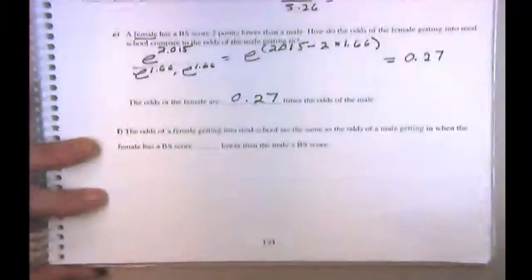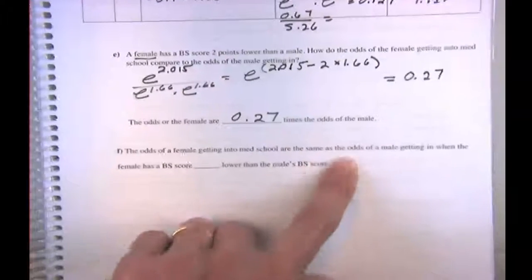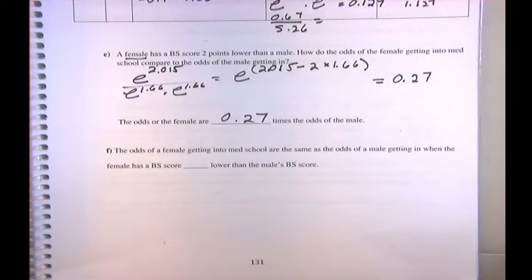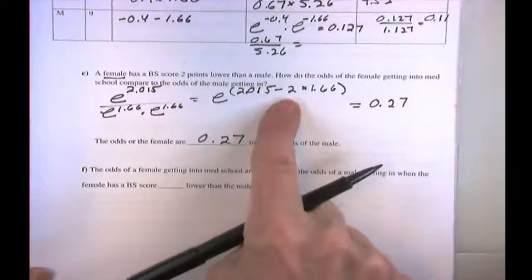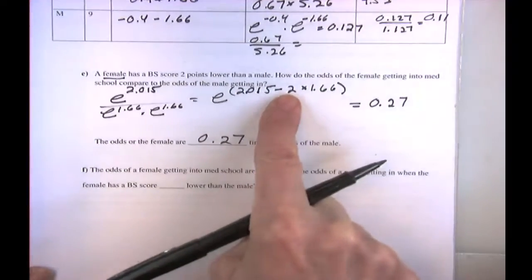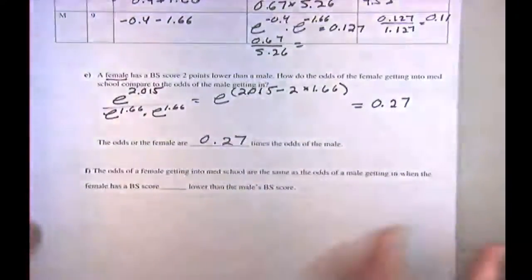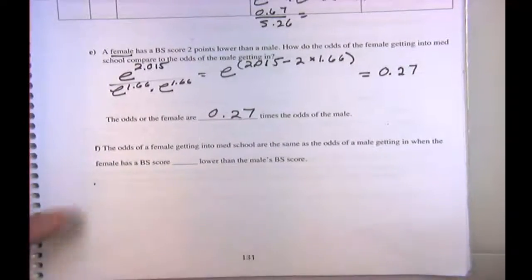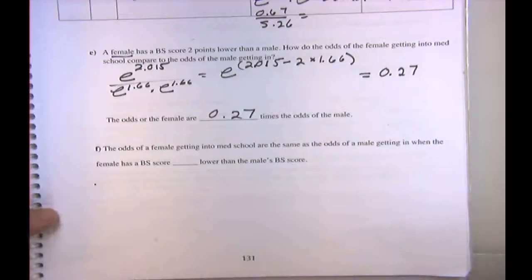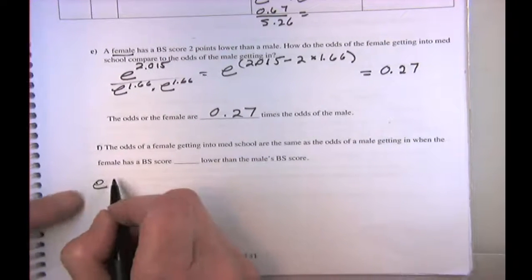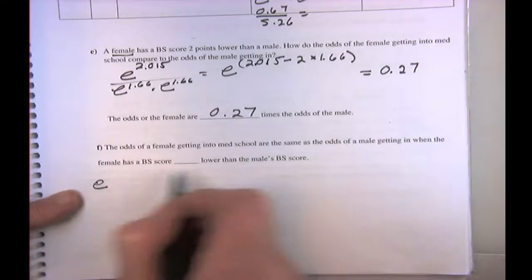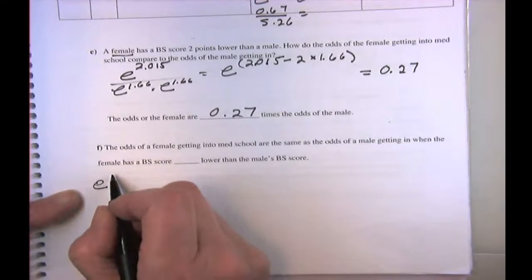All right, let's do this one. So the odds of female getting into med school are the same. So when are they going to be the same? They're going to be the same as we saw when whatever number in here makes this 1, right? We can just do it slowly. Remember what the odds are.